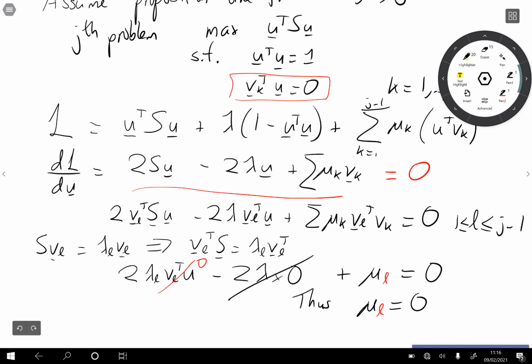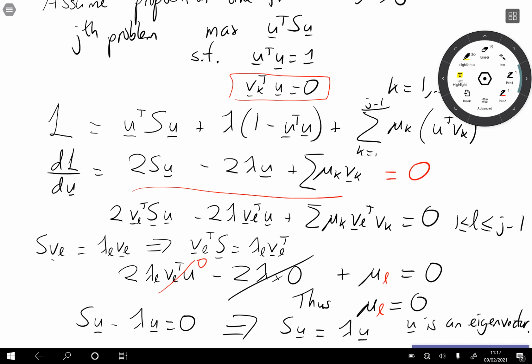So when we go back to our expression here then, we are left with, we cancel the 2's, Su minus lambda u equals 0, or in other words, Su equals lambda u. So in other words, we've again found that u is an eigenvector of S. So all that remains to do is to show which eigenvector it is.